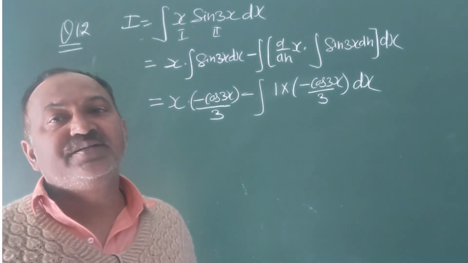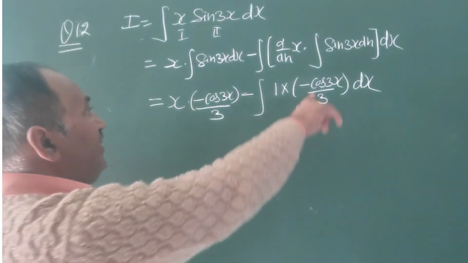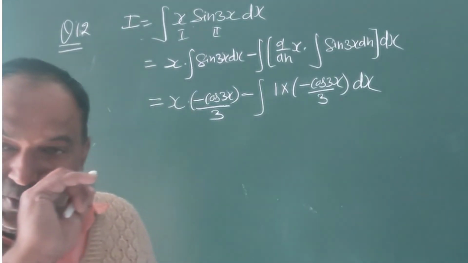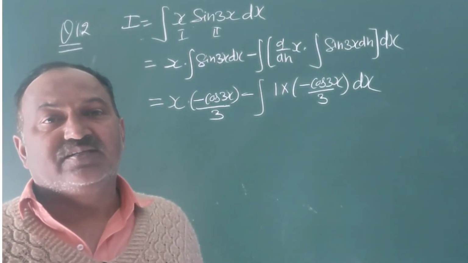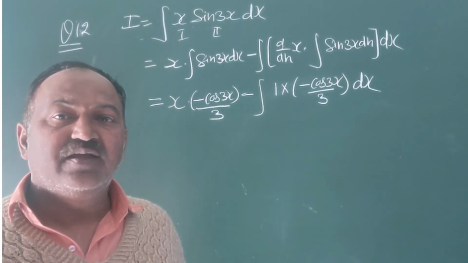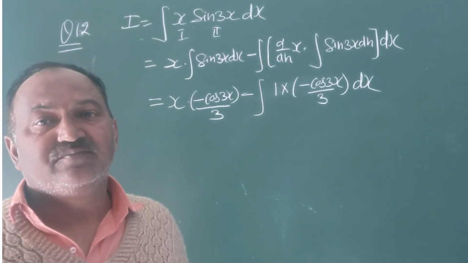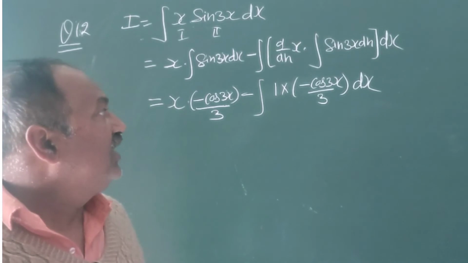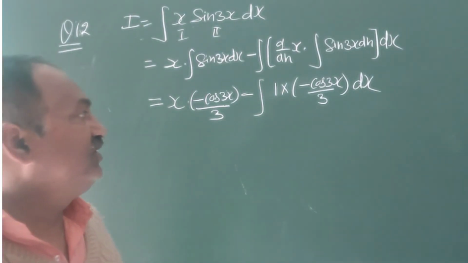By applying the integration by parts and taking the integration of sine 3x as minus cos 3x, integration of sine is negative, but derivative is positive, and that is minus cos 3x upon 3.